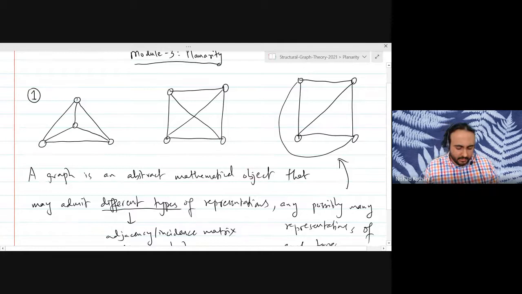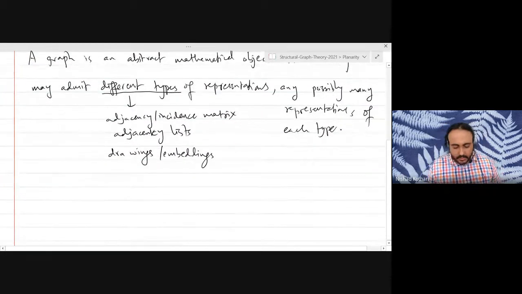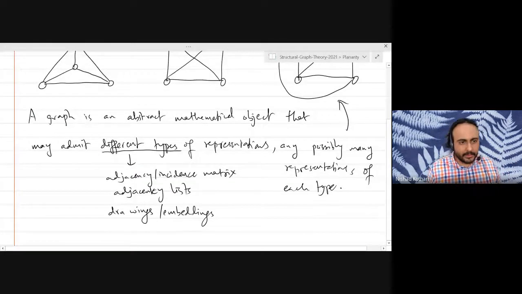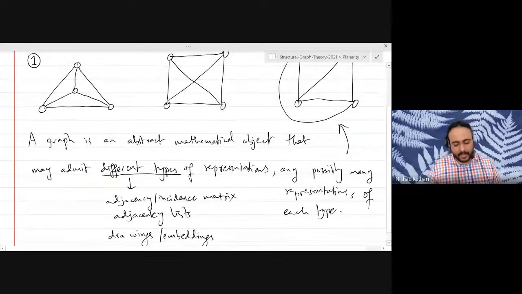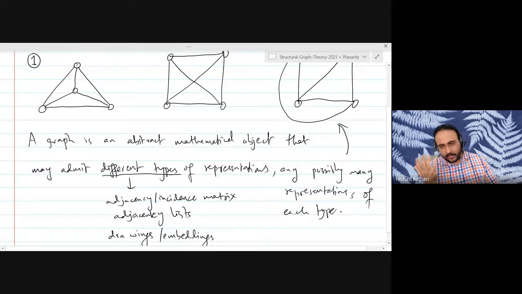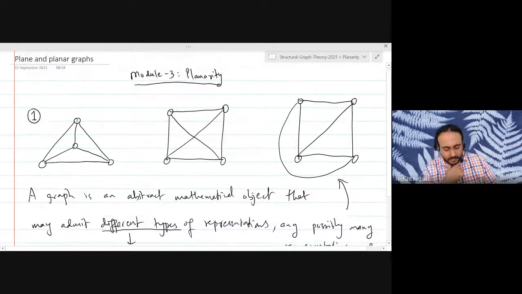Okay. And so until now we have been saying a graph, but what we have been really meaning is the underlying abstract mathematical object. And we generally draw it in order to visualize it. And we choose a drawing that is convenient for our purpose. Right? And there is a significant difference between some of these drawings.